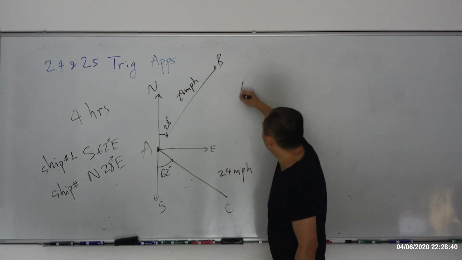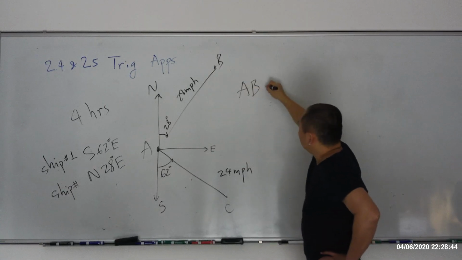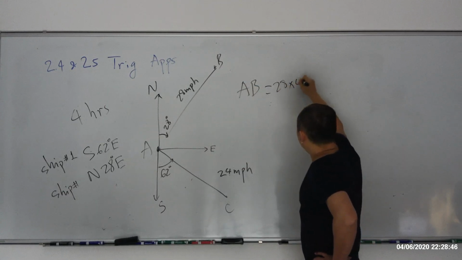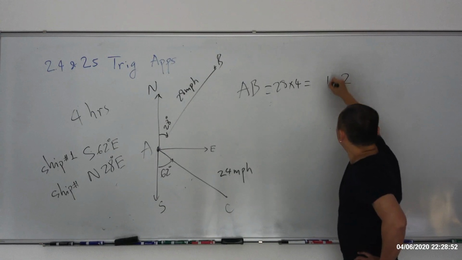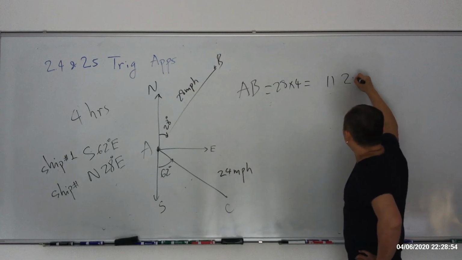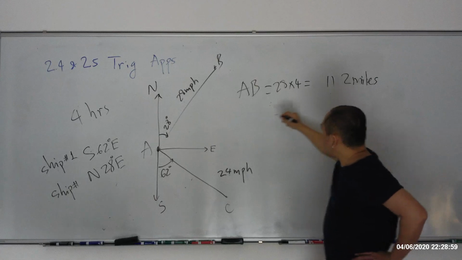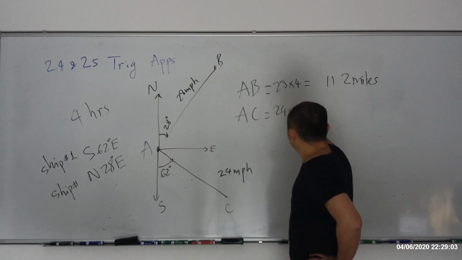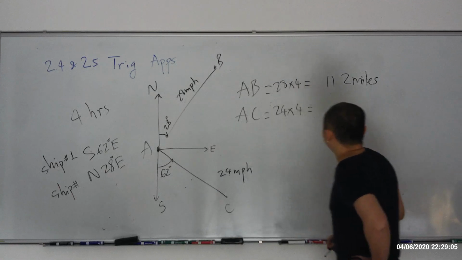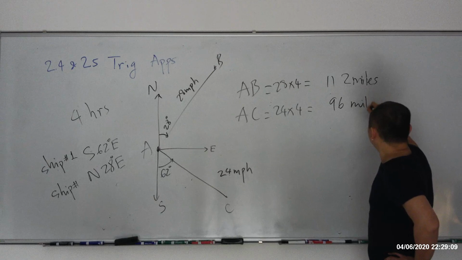So AB, the distance the second ship sails, is 28 times 4, and 4 times 8 is 32, so it's 112 miles. And the first ship's distance AC is 24 times 4, which is 96 miles.